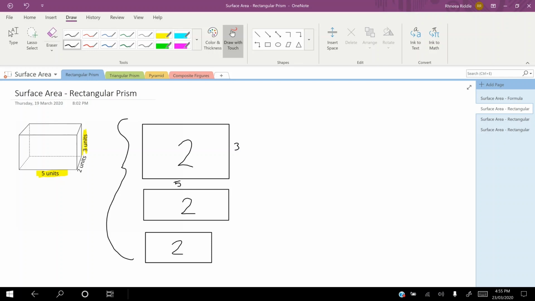So this is a rectangle, so we're going to use our area equals base times height formula. And we're just going to do the simple math of replacing the b for base with the number we have, which is 5, and the h for height with the number we have, which is 3. And when we solve that, we get 15 units squared.